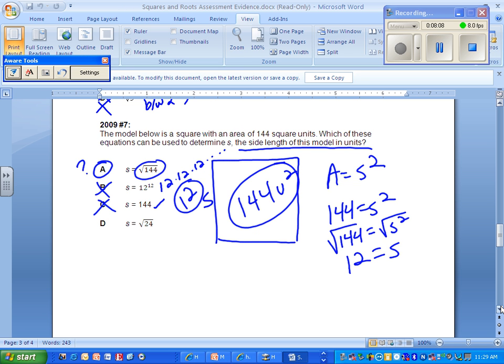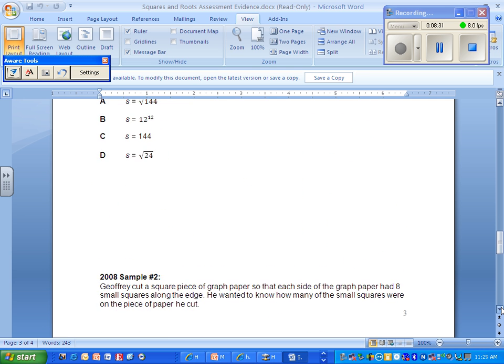And square root of 24 is almost 5 because it's almost the square root of 25, which is what I know. So that's not it either. The only one that gives me an answer of 12 is letter A. Make sure you look through all the answer choices. Make sure you read the question carefully, and you won't go wrong. All right, let's move on.